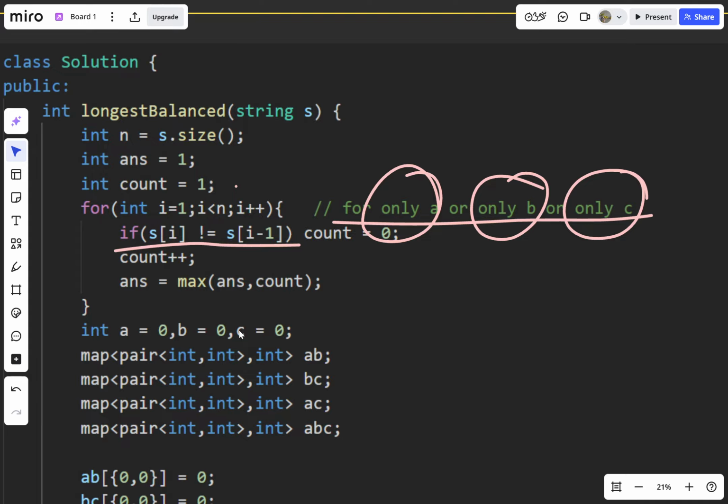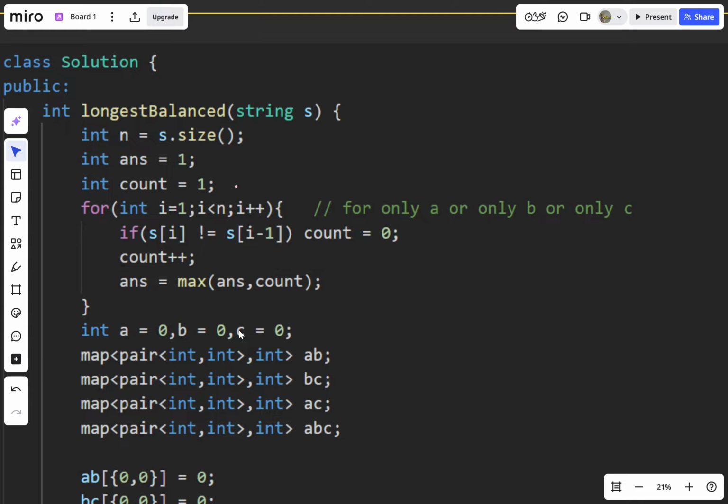If it is not equal, we set the count to 1, or you can set it to 0, you can do it either way. Now we are maximizing our answer. If we get any count greater than the answer, we store it in our maximum. This is the one part where we calculate only for A, only for B, or only for C.